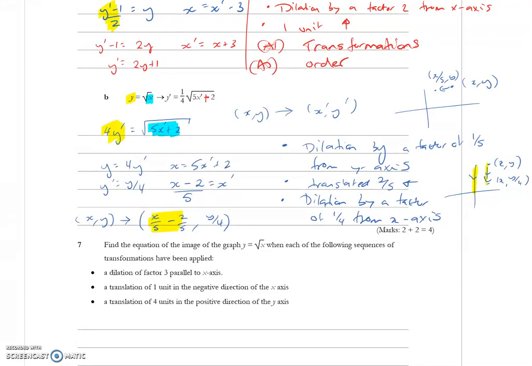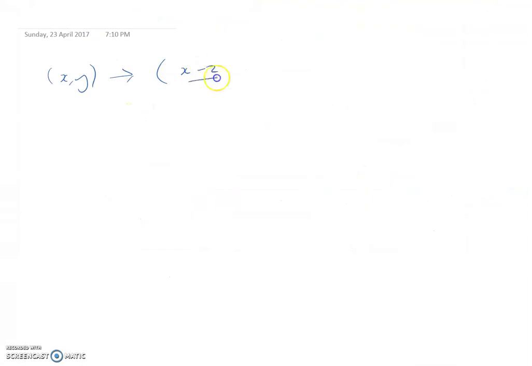If I wrote it like x, y goes to x minus 2 all divided by 5 and y on 4, that's x' and that's y', then I would have to do the translation first and then divide by 5.